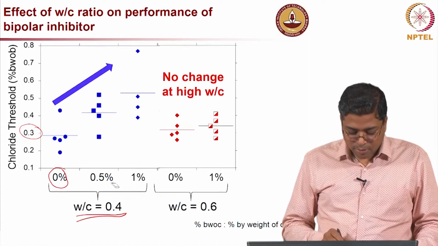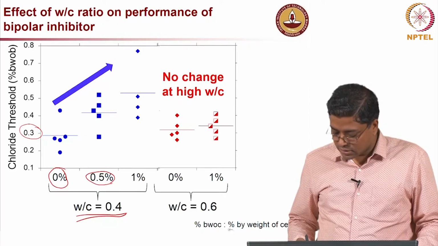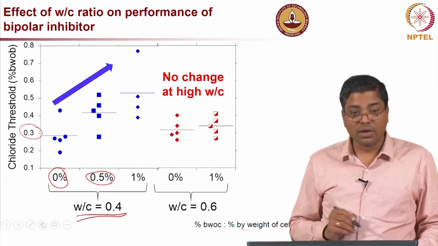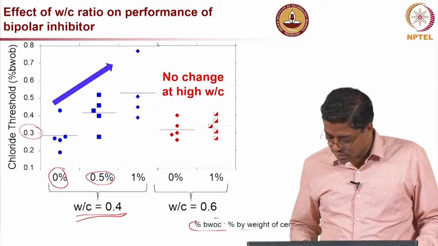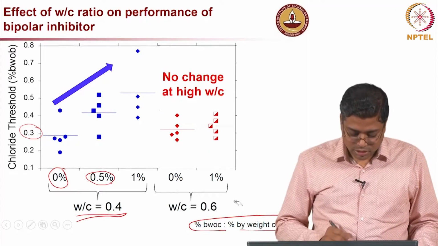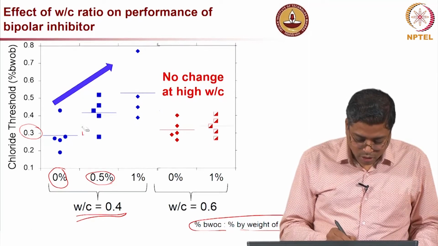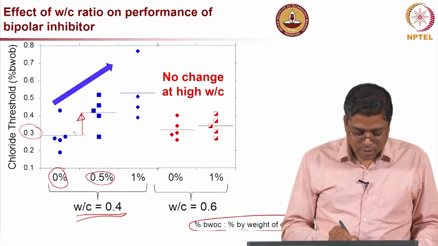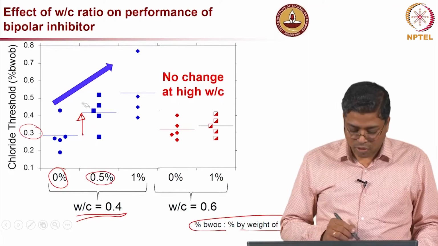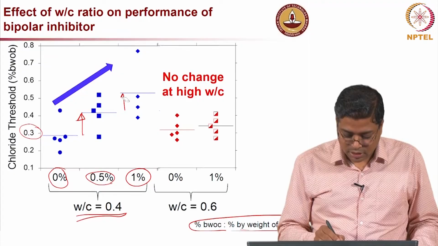When we added 0.5 percentage by weight of cement, the average chloride threshold increases from 0.3 to about 0.4, and when we put 1% corrosion inhibitor, it is further increasing on average.